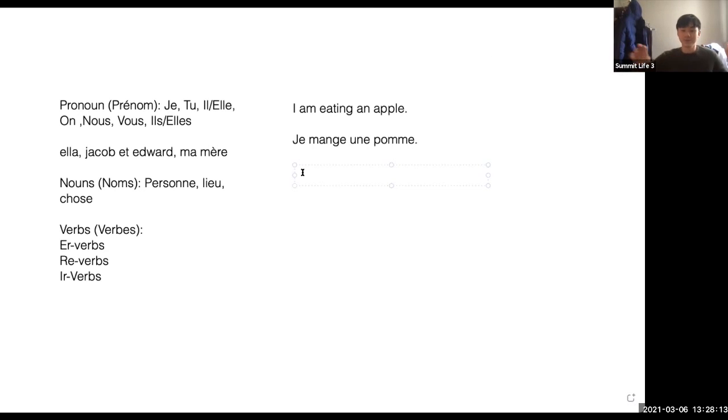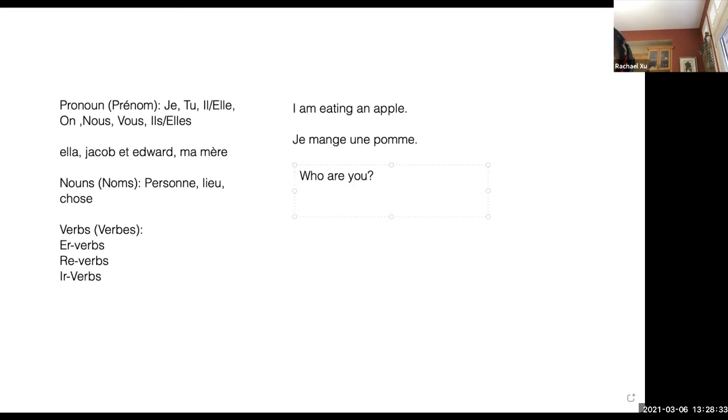So let's do another sentence. What sentence do you want to write in French? Who are you? That would be es. So how do you spell the next word? S is ES, T. And then what's it called?